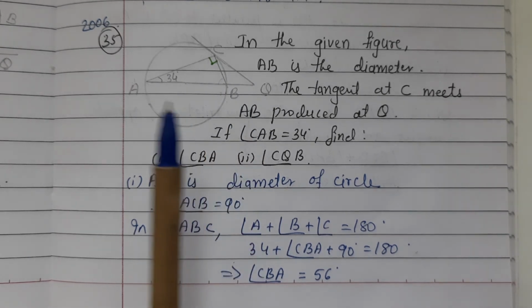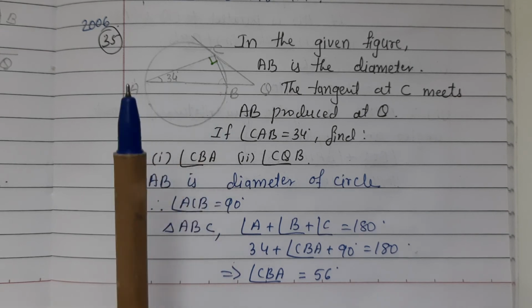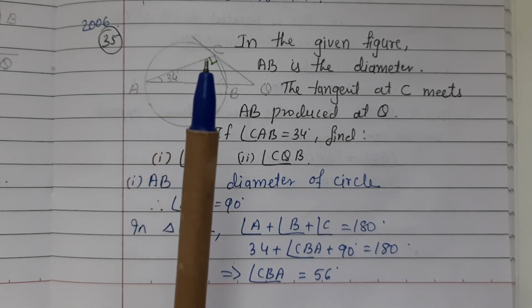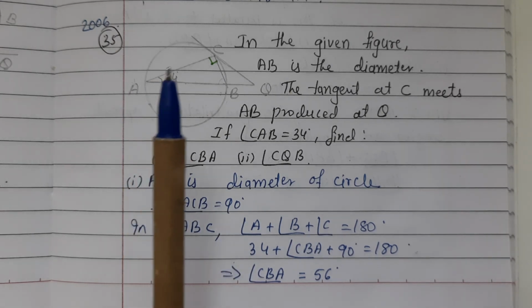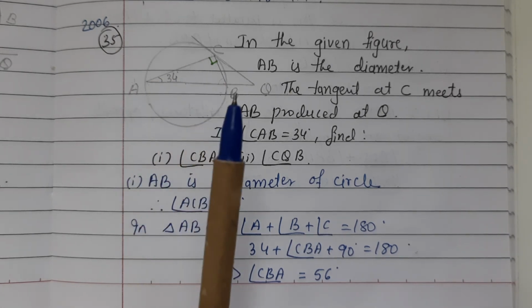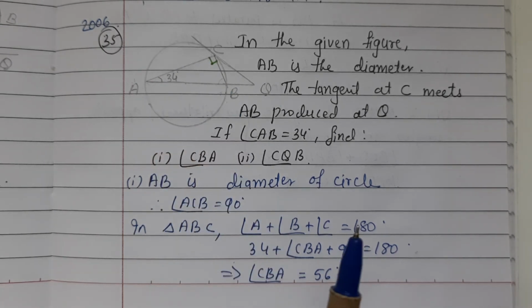First part, AB is the diameter, therefore angle ACB equal to 90 degree. In triangle ABC, angle A plus angle B plus angle C equal to 180 degree. Therefore 34 plus CBA plus 90 equal to 180 degree, implies angle CBA equal to 56 degree.